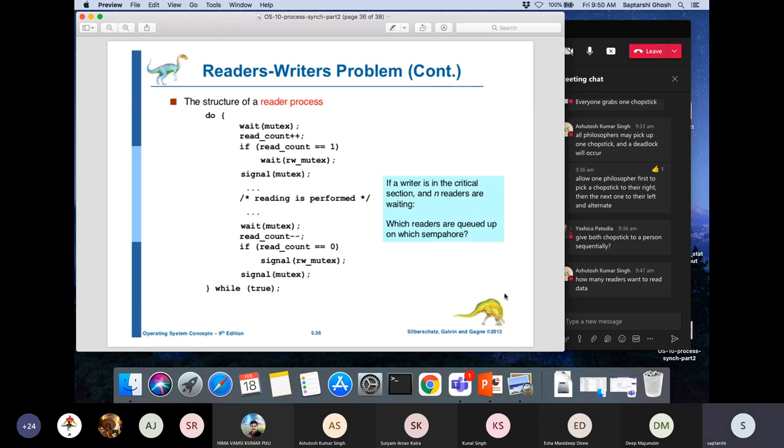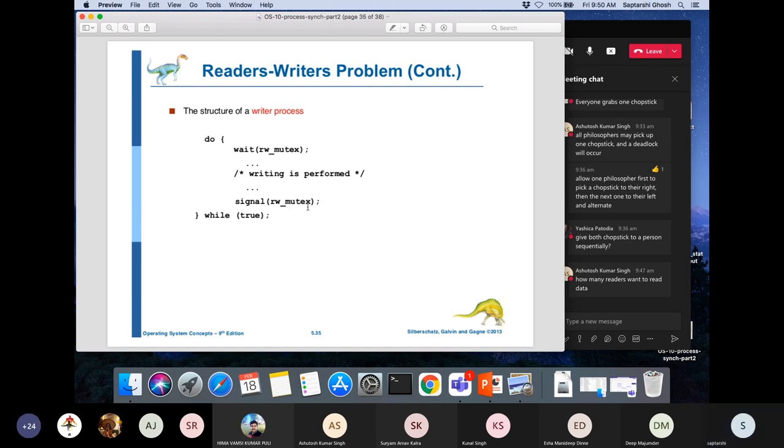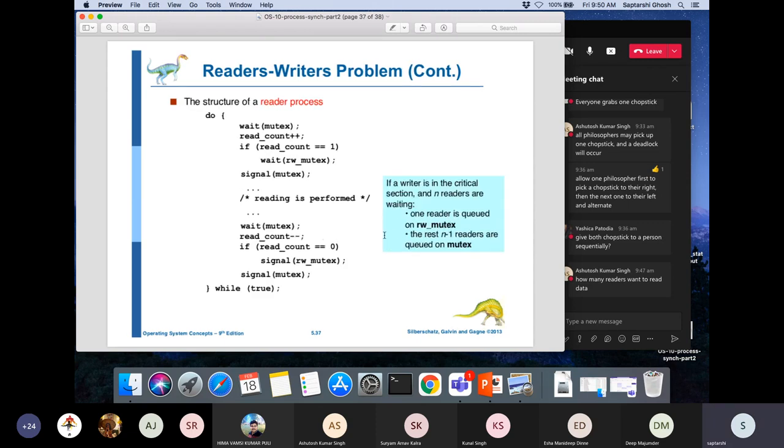So you see, the RW mutex will be signaled by the writer. Therefore, the reader which is waiting on RW mutex will be able to read.